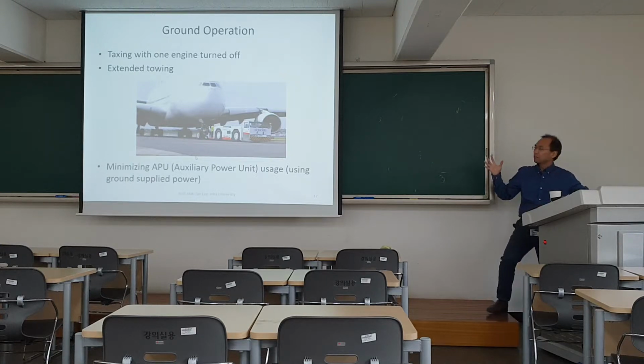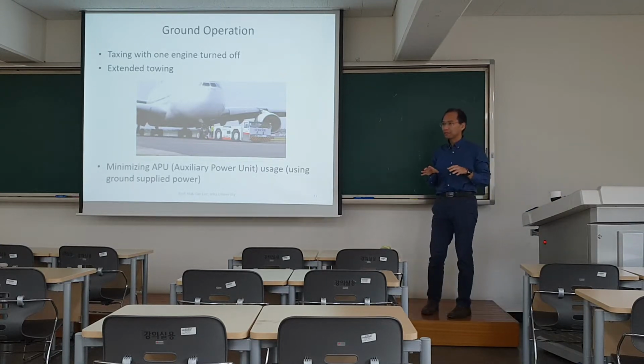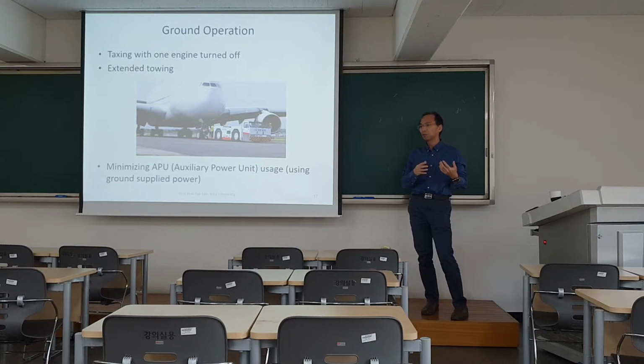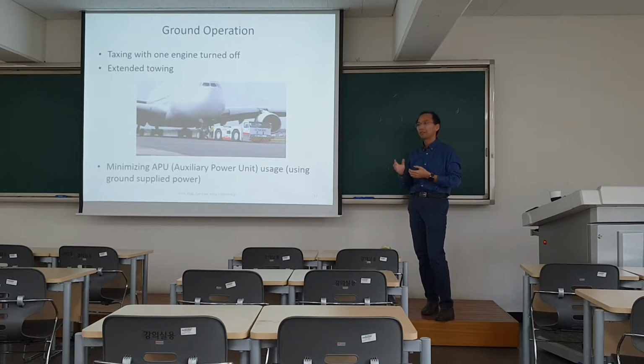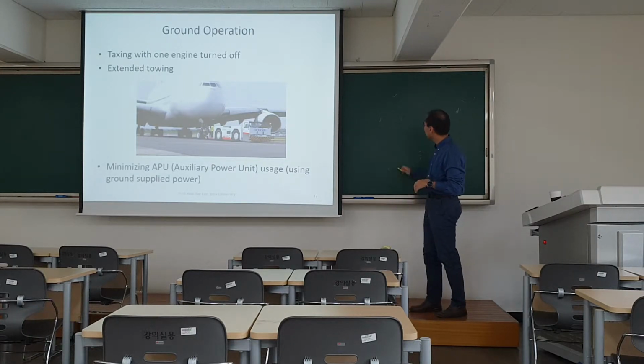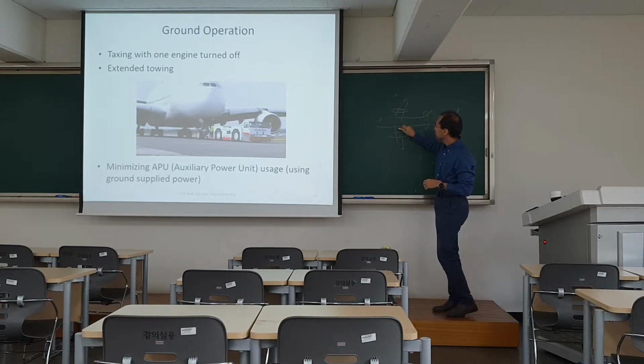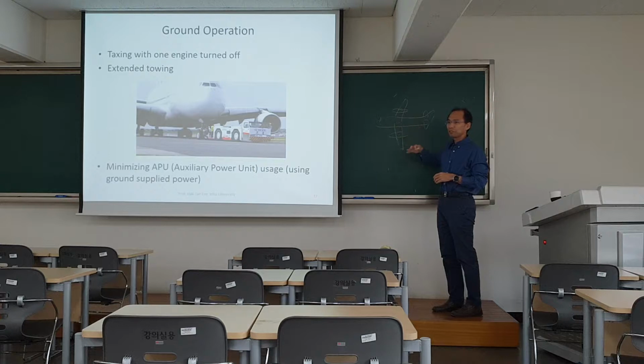When the airplane is parked at the gate, in the old days, the engine is not turned on. So to power the electronics and everything on the airplane, there is actually another generator. If the airplane has two engines, when these main engines are turning, they also generate electricity.